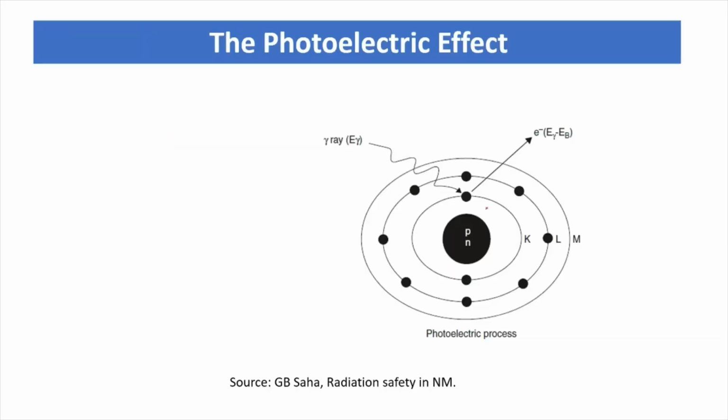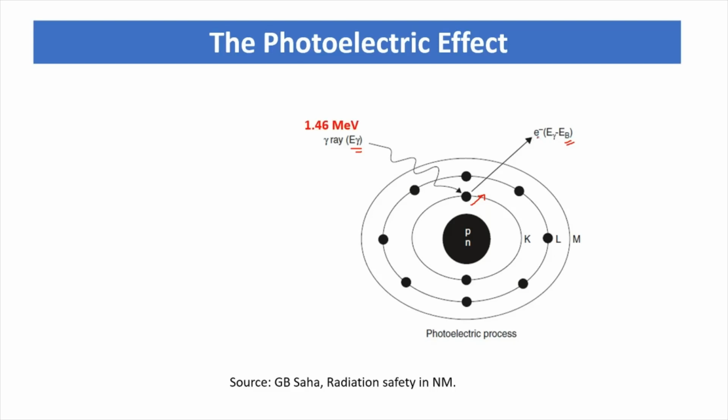One of the things the gamma ray can do is just eject the electron. The gamma ray has some energy E gamma, and the electron has a binding energy EB, and the kinetic energy of the electron that is ejected will be equal to E gamma minus EB.